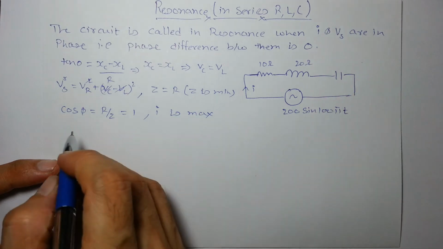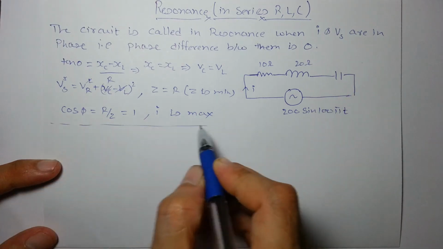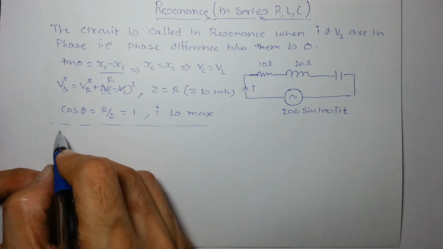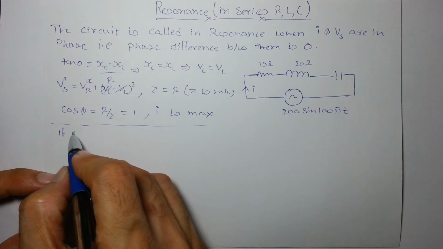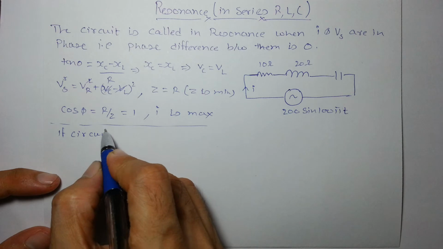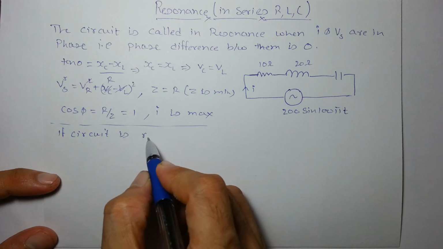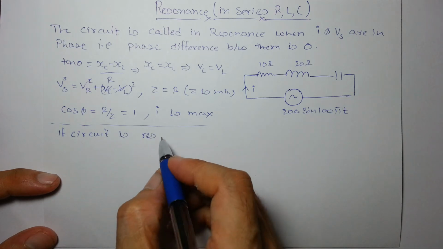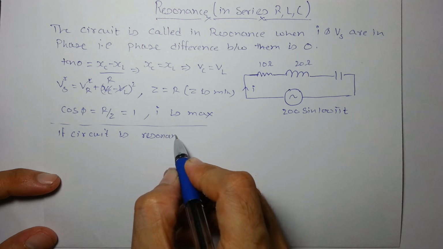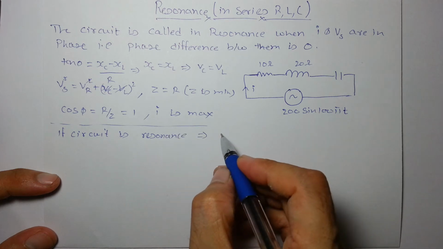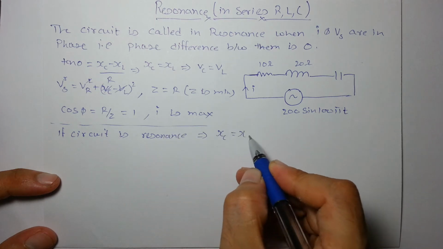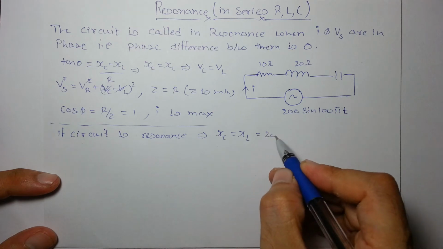We have to find, first of all, if the circuit is in resonance. If circuit is in resonance, we have to find XC. XC will be obviously equal to XL, which is given as 20.